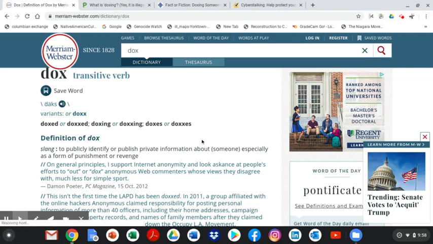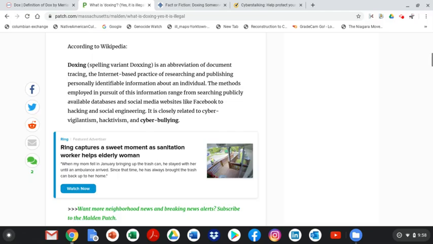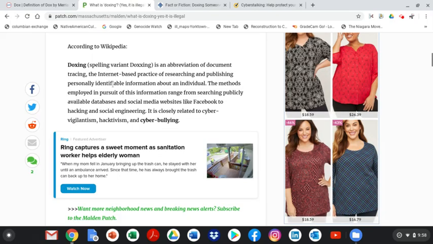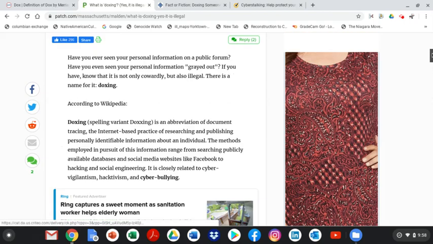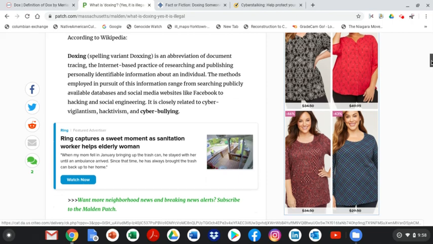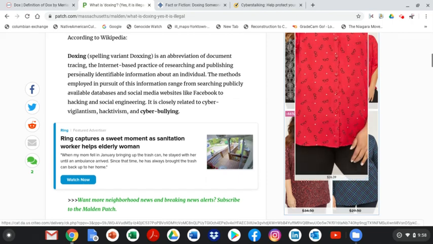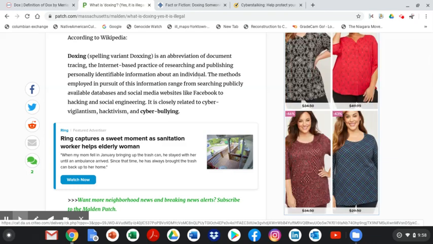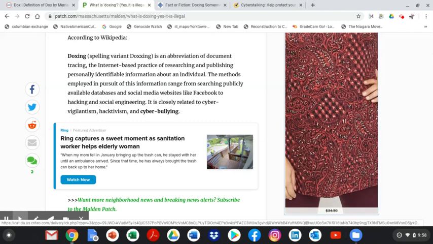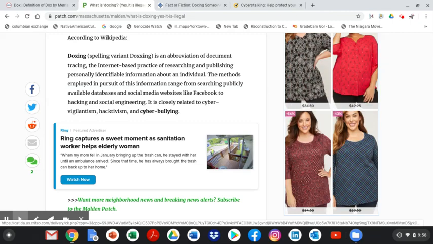So that would include, according to this other website, examples of what that information can consist of. Any information that is personally identifiable about an individual. So that could be your full name, your birthday, your social security number, your home address, your personal email address, your work email address.